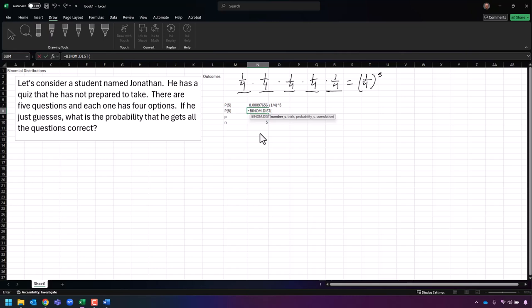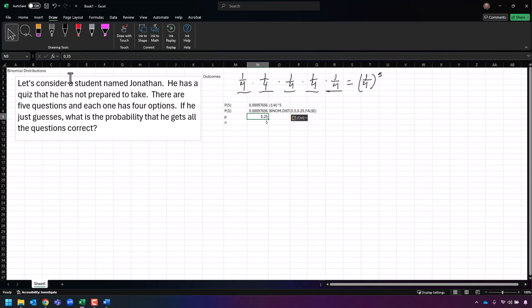We'd have 5 correct out of 5 tries with a 0.25 probability of success. And then this is false if we're looking for the probability of this exact outcome. It's true if we want everything up to and including that. So here it is using a binomial distribution, and here is an answer to the question.